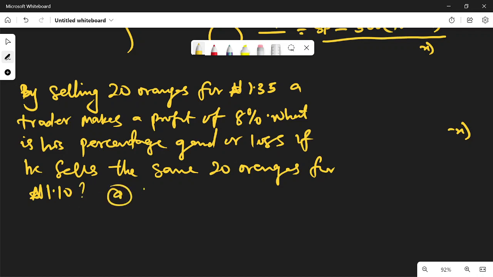A is going to be 8%, B is going to be 10%, C is going to be 12%, D is going to be 15%.